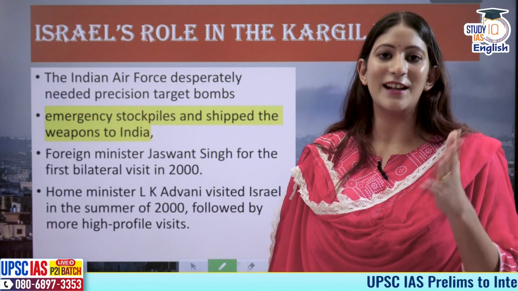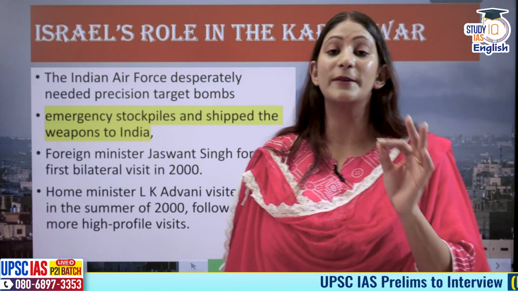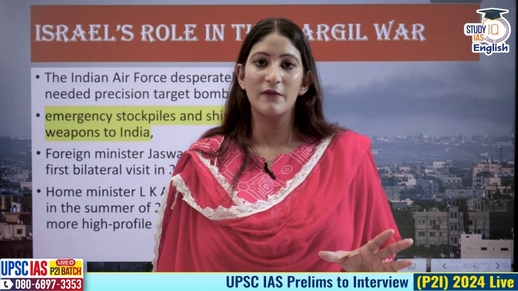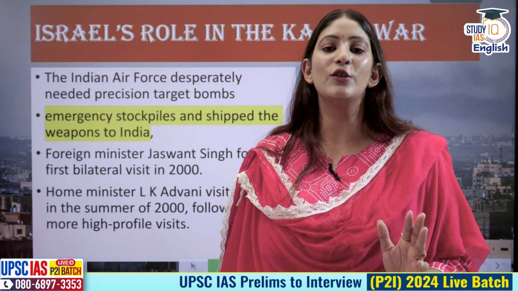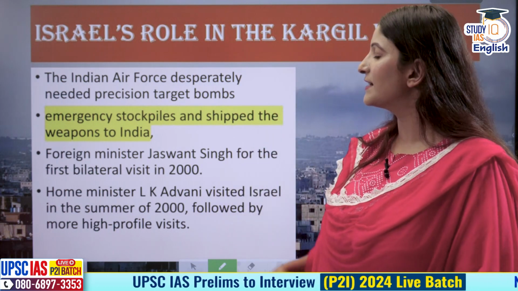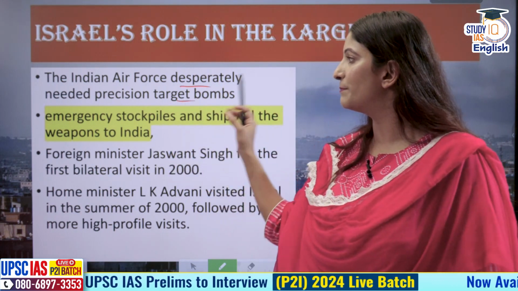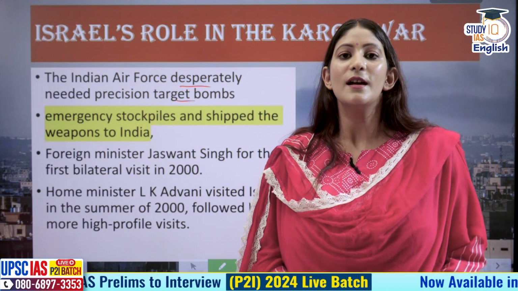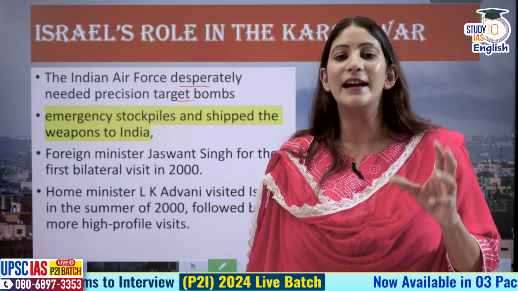Now let's talk about the Kargil war, and how Israel helped us so much. It's just unbelievable, when even the USA was not ready to give us intelligence. The Indian Air Force desperately needed precision target bombs because the Pakistanis were hiding in caves.